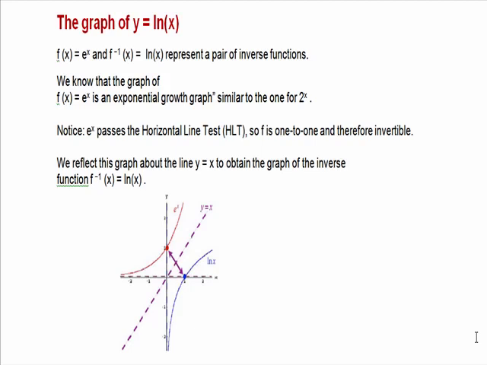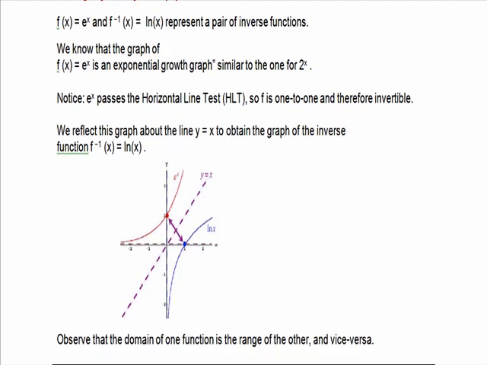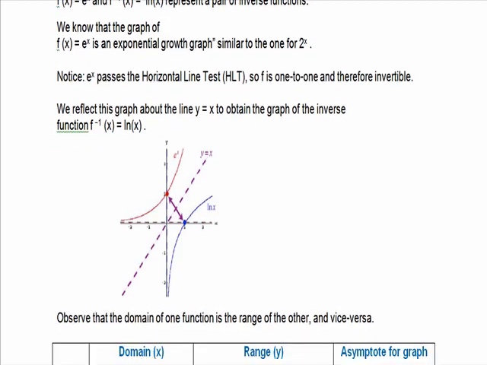Notice the natural log of x, when I graph it, passes through the point (1, 0). Remember we said before we could interchange the domain and range, interchange the x's and the y's. The horizontal asymptote of y equals 0 for e to the x becomes the vertical asymptote of x equals 0 for the natural log of x.